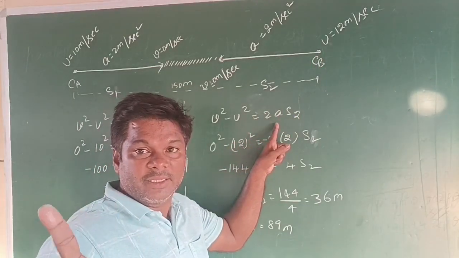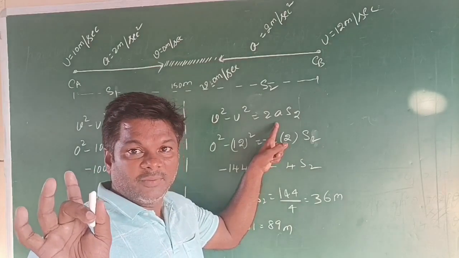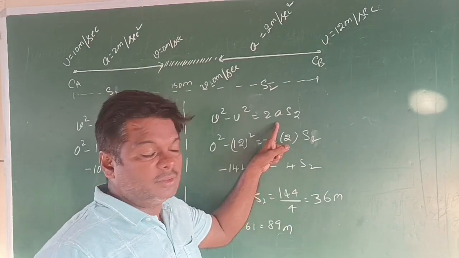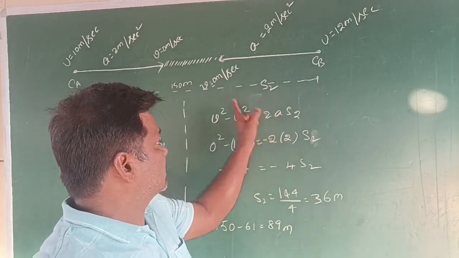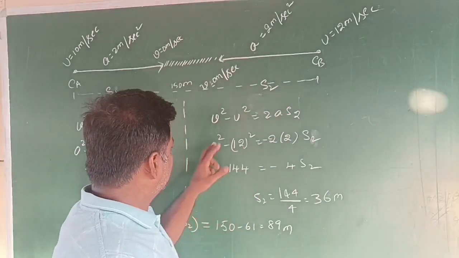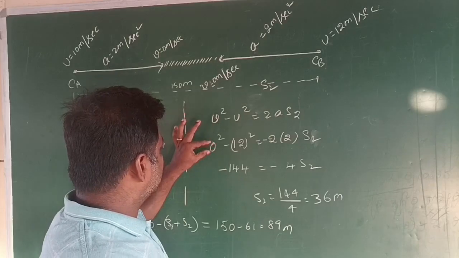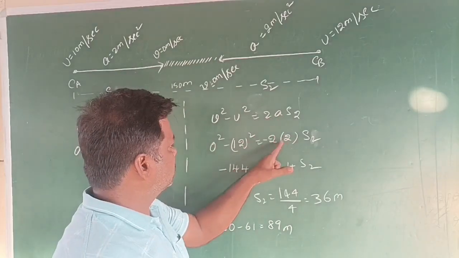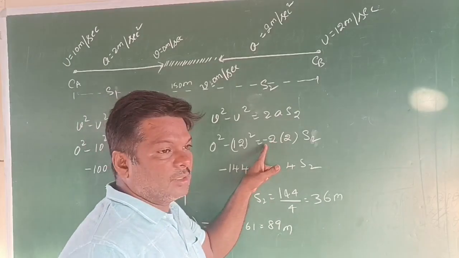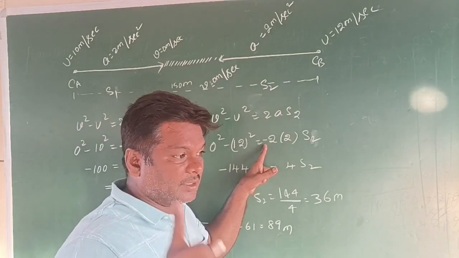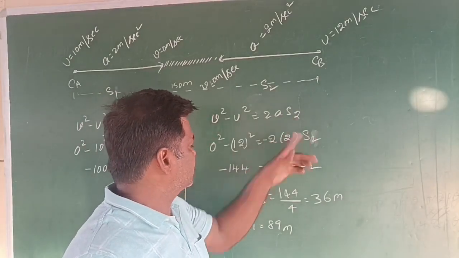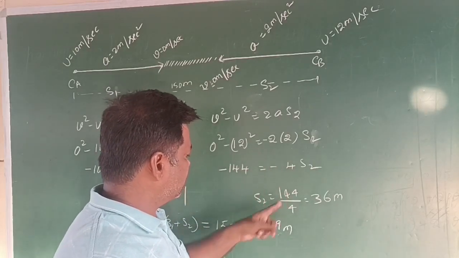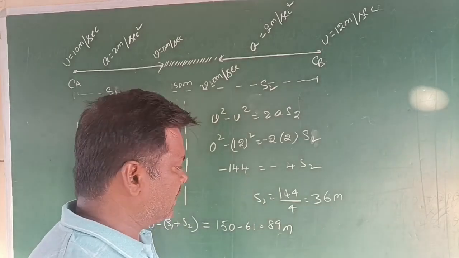Both are maintaining the same deceleration, a is equal to 2. S2 is the distance covered by this one. Substituting, 0 square minus 12 square is equal to 2 into 2, 4, with minus because it is under deceleration, S2. Minus 144 is equal to minus 4 S2, the minus will get cancelled, 144 by 4 is equal to 36 meters.